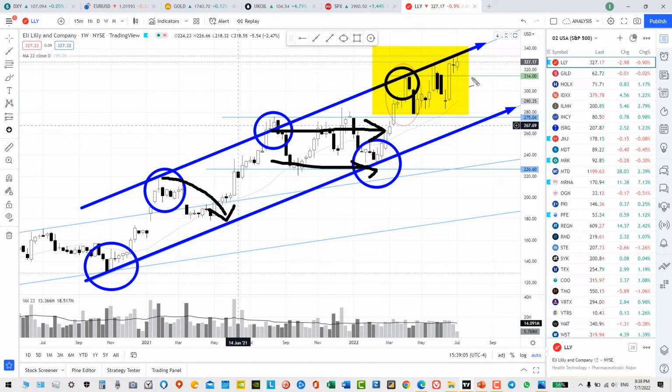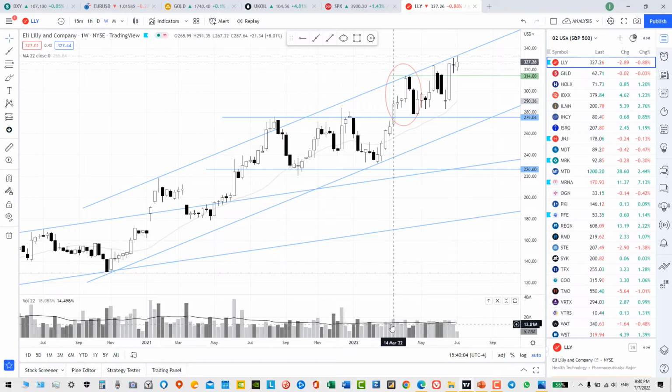So I think it's a matter of time whether Eli Lilly will start correcting. But because the stock is strong, I think if a correction takes place, it will correct sideways, not downside. Volumes are normal, a little bit more than the average, and that's okay over the weekly chart.